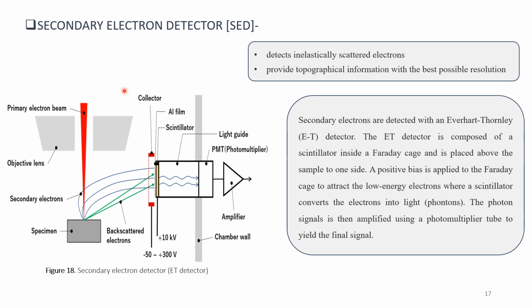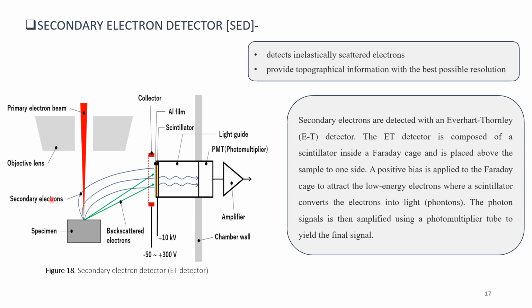The secondary electron detector detects the inelastically scattered electrons. It provides the topographical information with the best possible resolution. The secondary electron detector is placed at some angle from the sample stage.